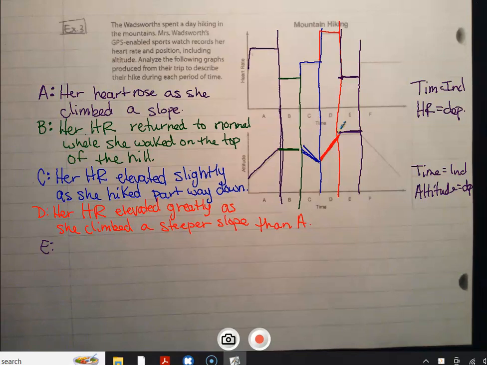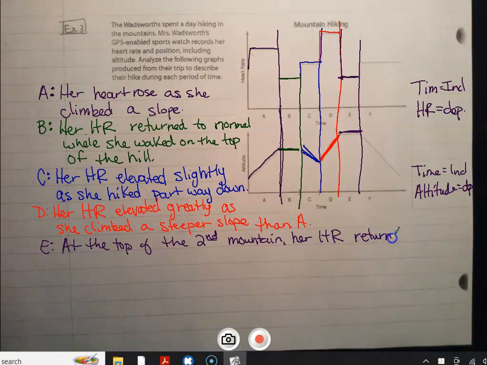So let's say at the top of the second mountain, her heart rate, again, kind of returned to normal. You could say dropped or dropped to normal, something like that.